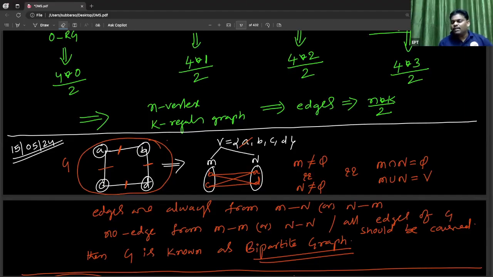So instead of saying so many sentences, instead of saying so many sentences, a very simple line. What is that? Odd length cycle not there. It is a bipartite graph. One single line. Odd length cycle not there, it is bipartite. Right? That is more than enough.